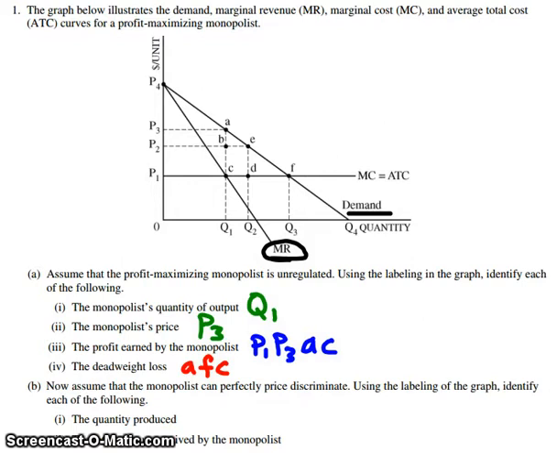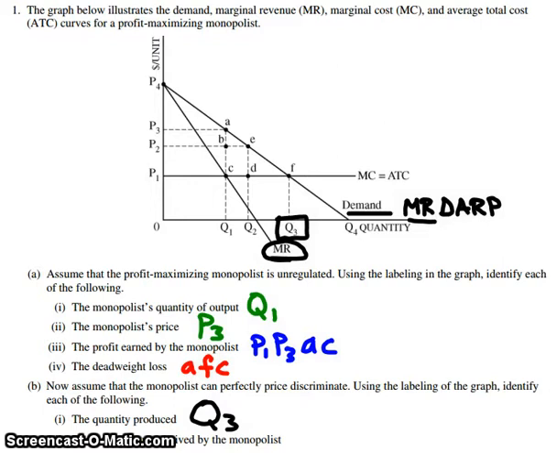If we could perfectly price discriminate, marginal revenue would now be part of the MR, D, AR, P line. Demand, average revenue, marginal revenue, and price would all be in the same line. And so the quantity produced would now be where the marginal revenue equals marginal cost, at quantity Q3. So perfect price discrimination would actually allow the monopolist to produce the quantity that society wants.